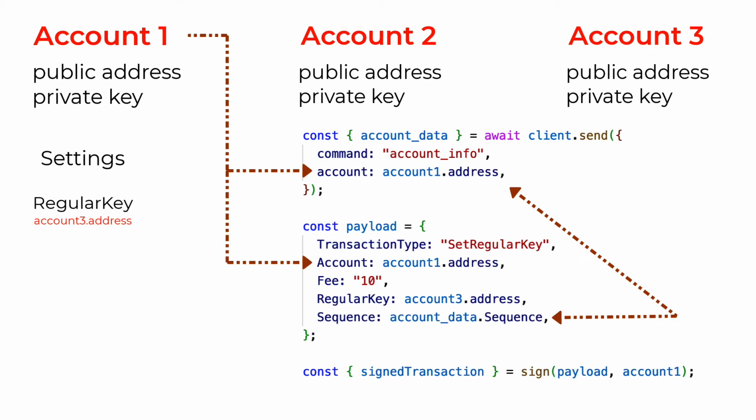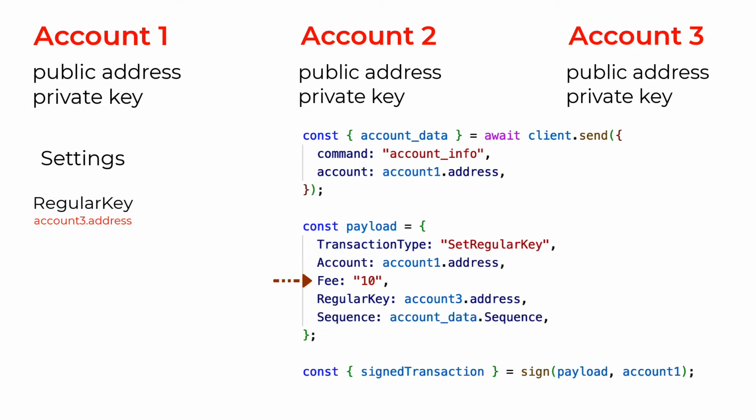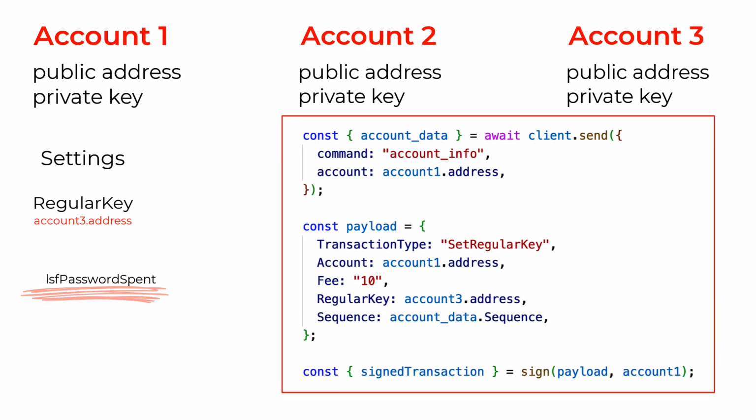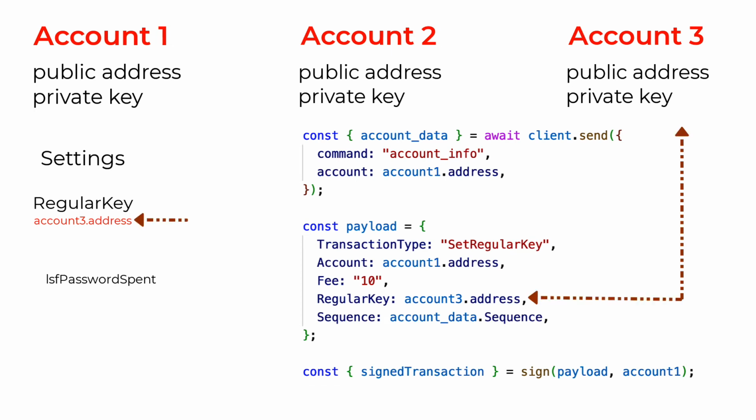So the account and its sequence number should match. The fee can still be 0 if you are signing this using the master key, as I am doing it here, and your main account doesn't have the password spent flag enabled. We will see more about it in the next video. So this sets up account 3 as the regular key for the main account.